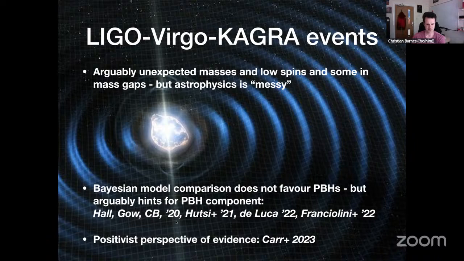Back in 2020, when there were just of order 10 events, Alex Hall led an analysis doing a Bayesian model comparison between primordial black holes, making some sensible assumptions about what the mass function would look like, versus the simplest astrophysical black hole models. And primordial black holes really were not favored.